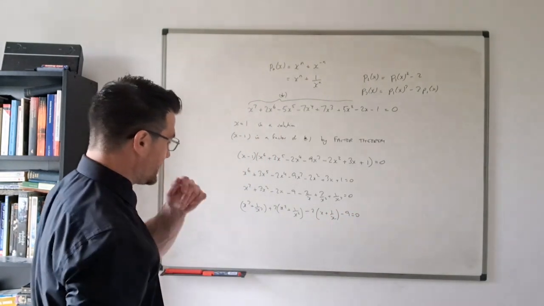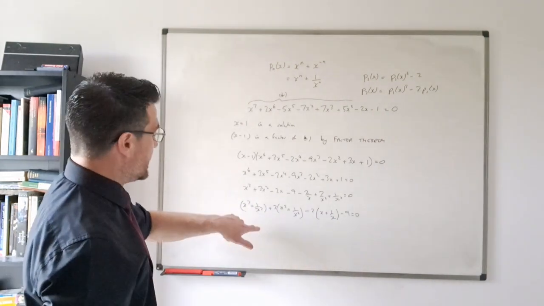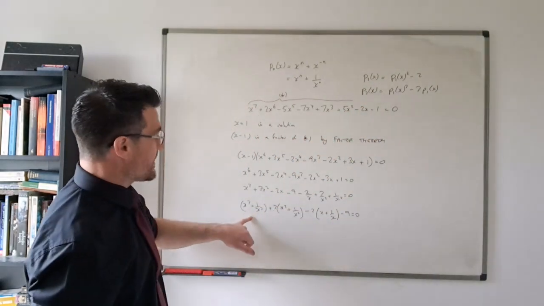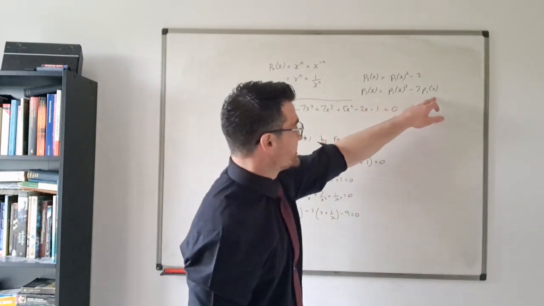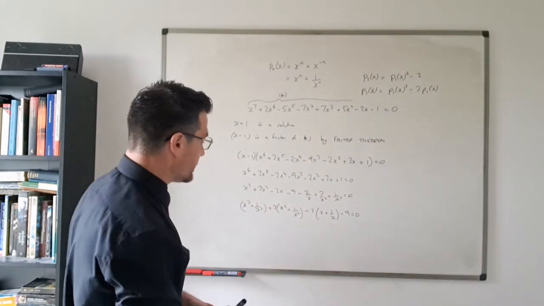And then I'm actually not going to go through it step by step necessarily, but substitute the expressions that you've got here, because notice that this is P3x. Write it in terms of P1x. This is P2x. This is P1x.